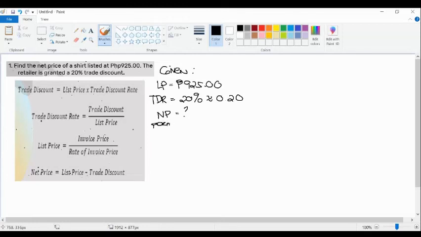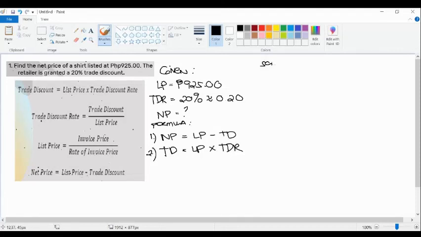The formula that we'll be using is net price is equal to list price minus trade discount. But as you can see, we only have the trade discount rate. We don't have the trade discount. So how do we find the trade discount? That is list price times the trade discount rate. So therefore, we're going to use these two formulas.